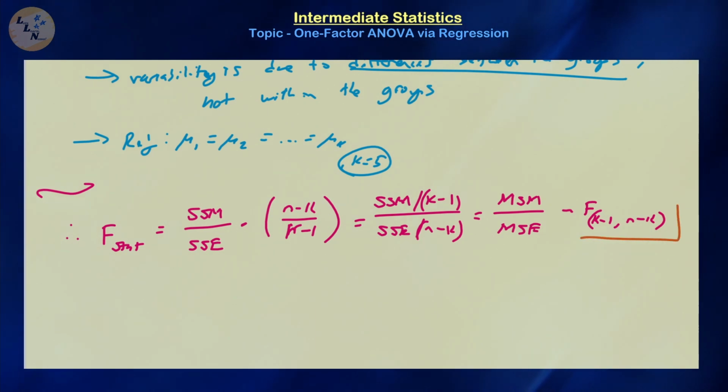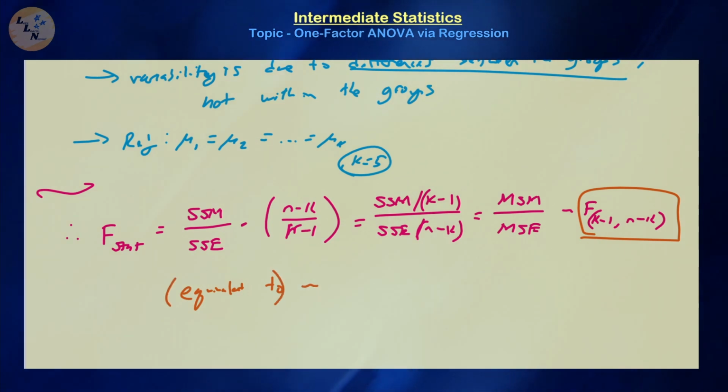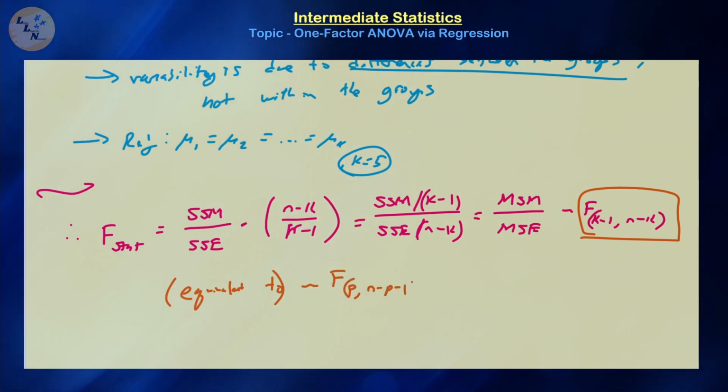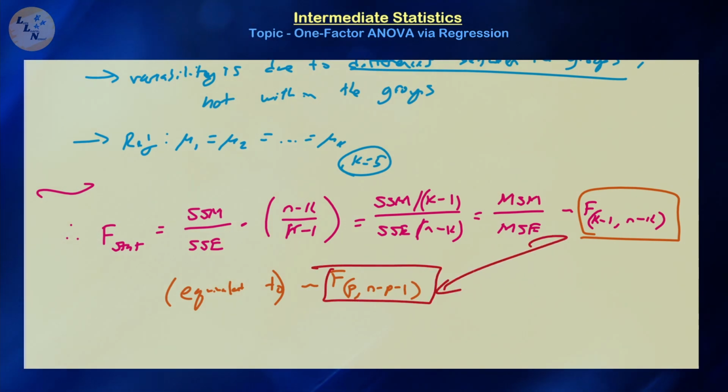And remember, through our analysis, this is equivalent to the f-test statistic from before. Remember, k minus 1 was the same as p, and n minus k was the same as n minus p minus 1. So it's the same F distribution as we had for our multiple linear regression model from before.